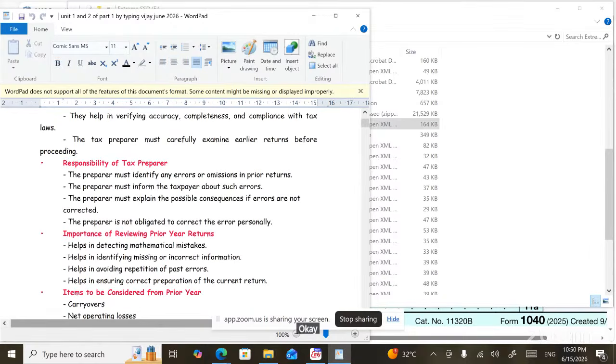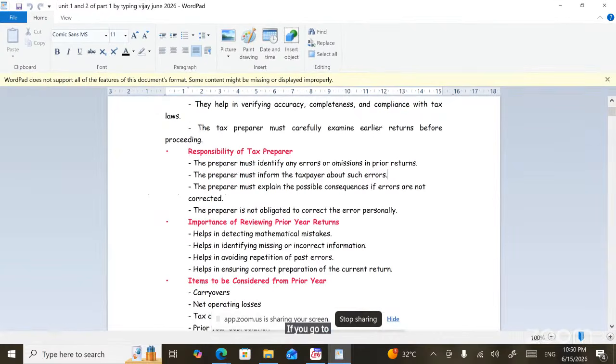Okay. If you go to yesterday's shared document, at the very beginning I gave you one format written by myself, which gives an overview of the entire act. My first line is all incomes.